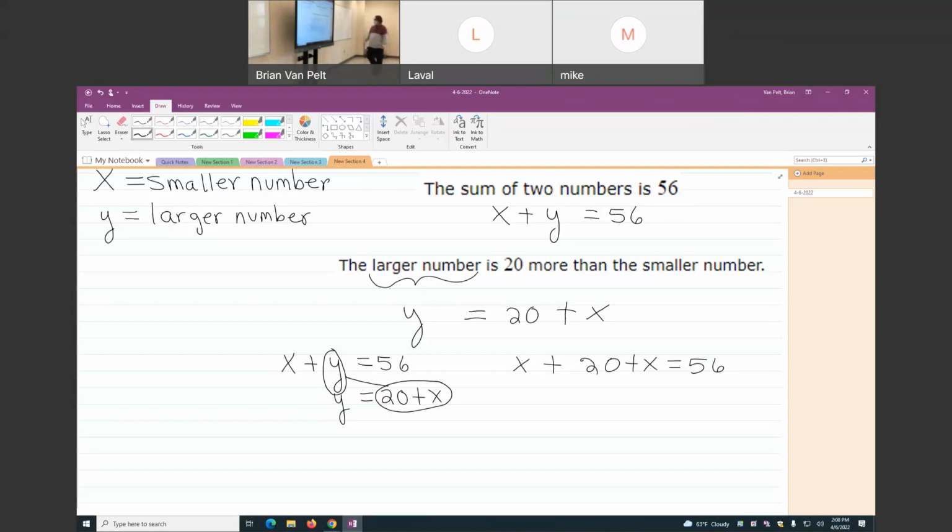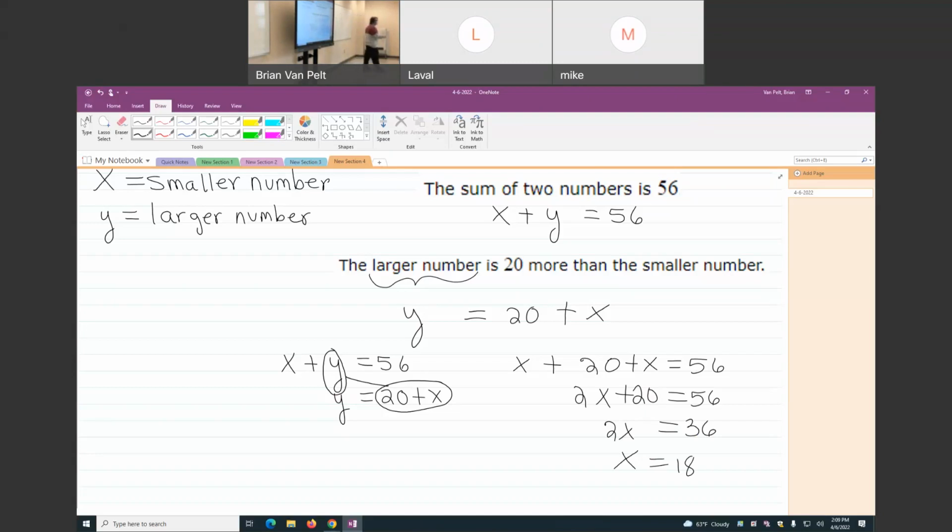I get 2x plus 20. What next? Subtract 20, so I'm going to get 2x equals 36. Divide by 2, x equals 18.